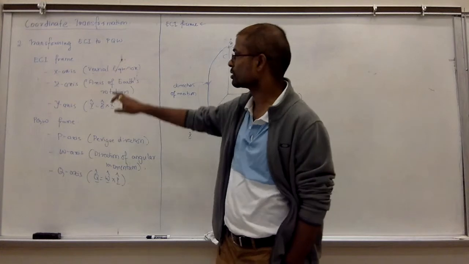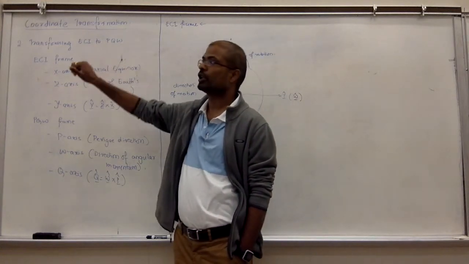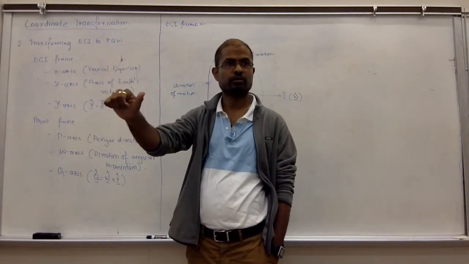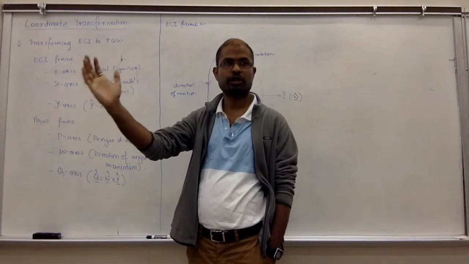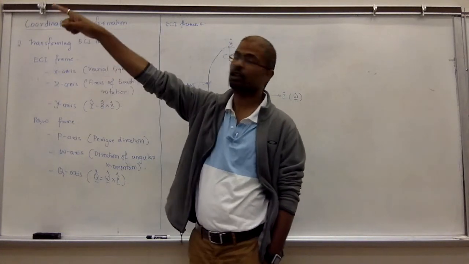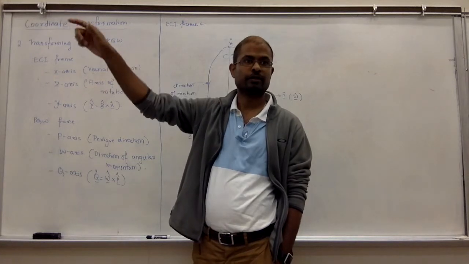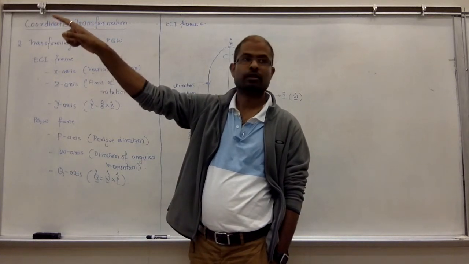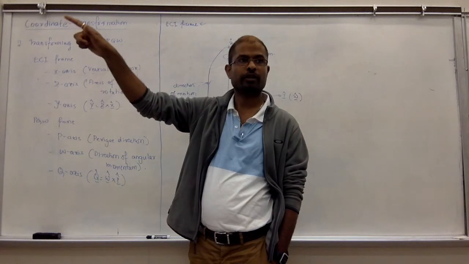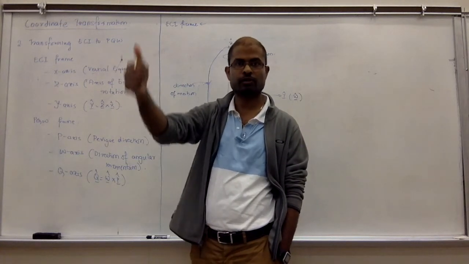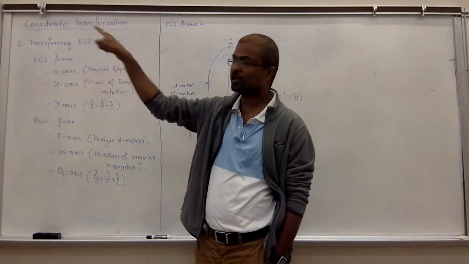Think about this. In the ECI frame, the X axis is coming out, and the Y axis is in the board, where my cursor is. In the PQW frame, this is still W, but the P is in that cursor direction.